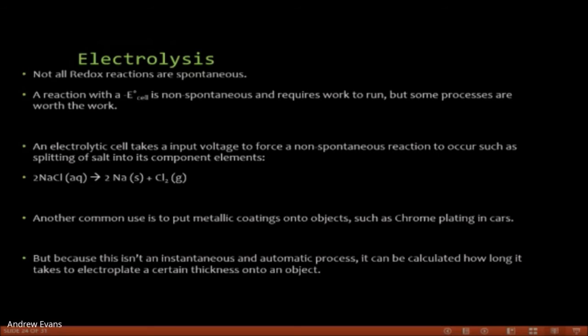But if you are forced with the choice and it gives you the chemical reaction as written, you have to check: is this spontaneous or not? Because you can have a non-spontaneous reaction occur.